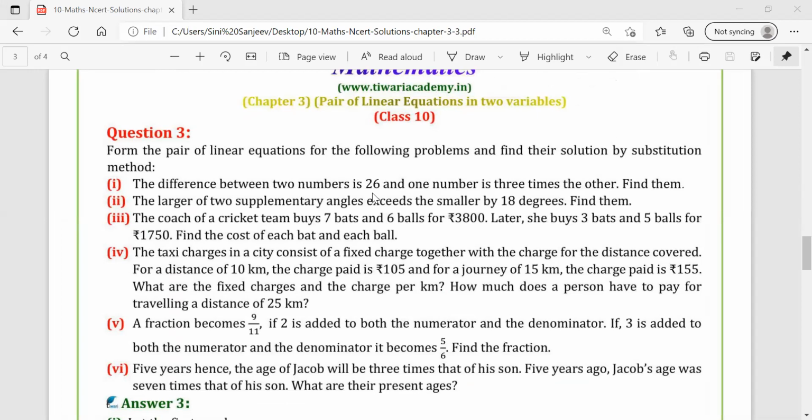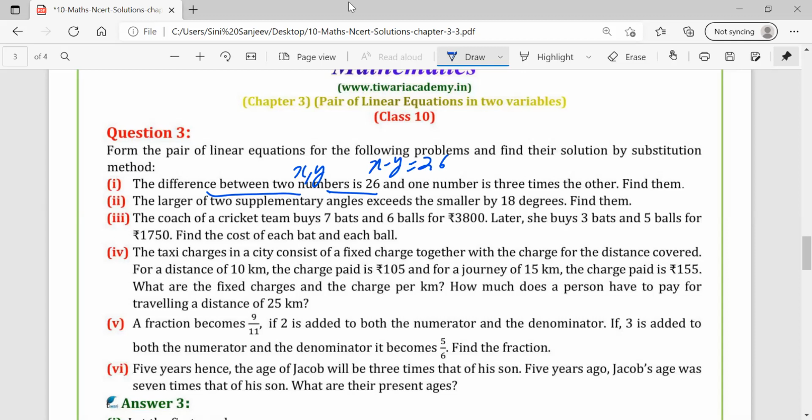The first question: the difference between two numbers is 26 and one number is 3 times the other. If I take the two numbers as x and y, the difference of them is 26, so x minus y is 26.